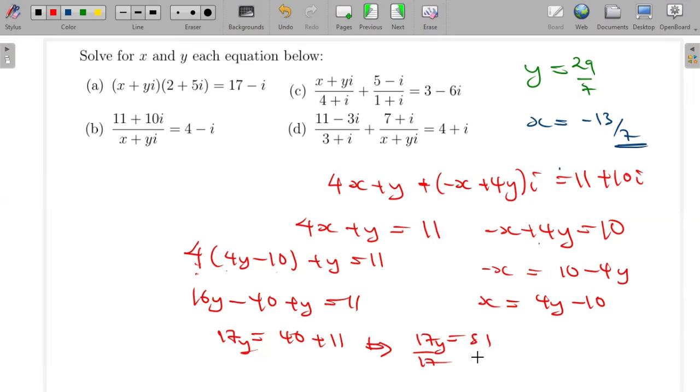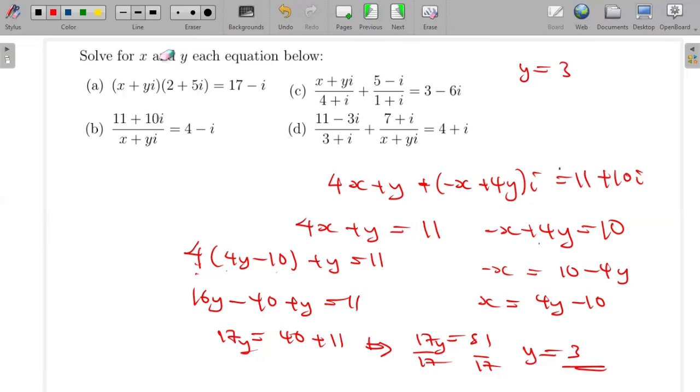Divide by 17, divide by 17 there. So I have 51 over 17, and that just gives me 3. So y is equal to 3. So I've gotten that the value of y is just 3.